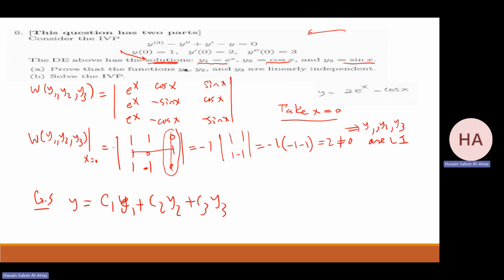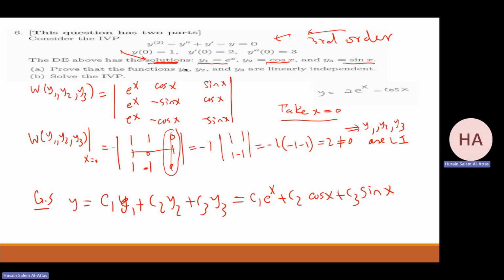Since they are three linearly independent solutions of a third order equation, this will be the general solution, just a linear combination: c1 e^x plus c2 cosine x plus c3 sine x.